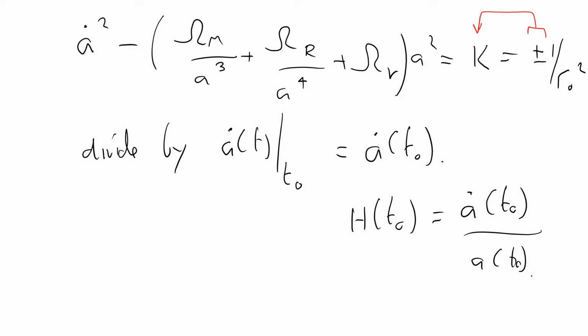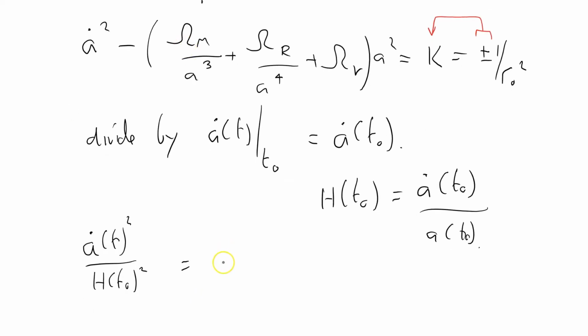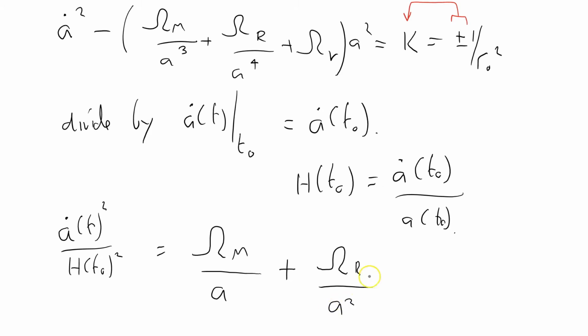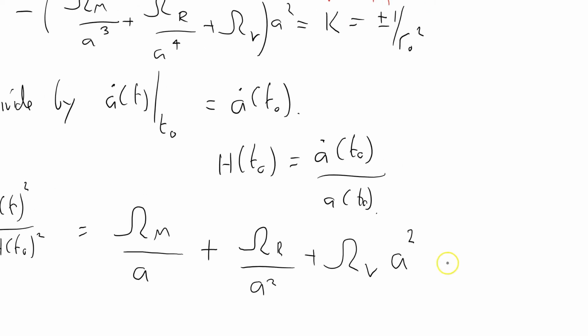Well, we get ȧ(t) squared over H(t0) squared equals, well, we've got this term here, we've got Ω_m over a, because we had a cubed here times an a squared, plus Ω for the radiation over a squared, I guess it is, plus Ω for the vacuum times a squared, plus or minus k.